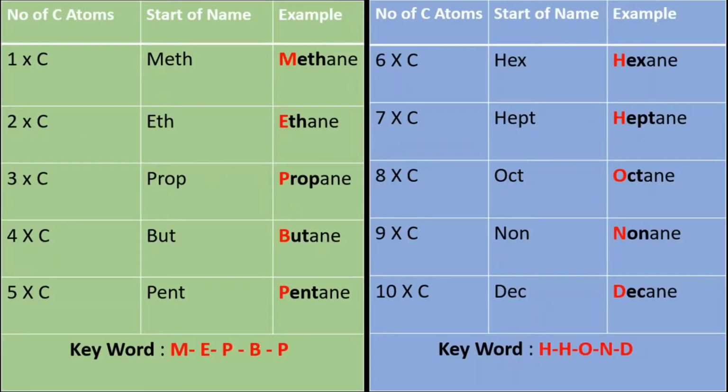Before starting different types of functional groups, I would like to explain nomenclature to you. This part of the video is going to be very interesting and helpful because most of the students find difficulty in understanding the name of an organic compound.